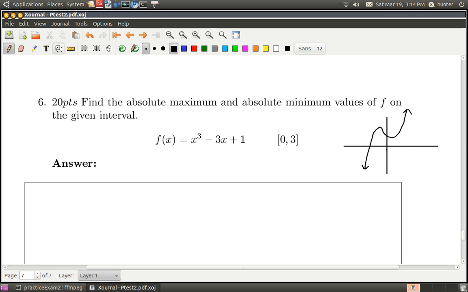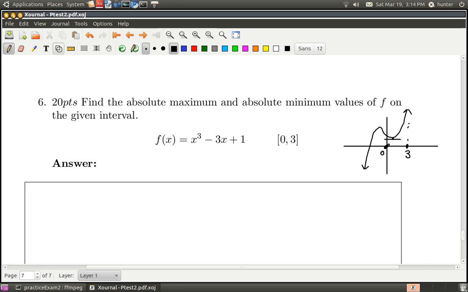And what we're going to do is find the absolute maximum and absolute minimum values that this function takes between 0 and 3. So that's the question. It's very easy because all you have to do is find the places where the derivative is 0, and that'll give you the extrema.